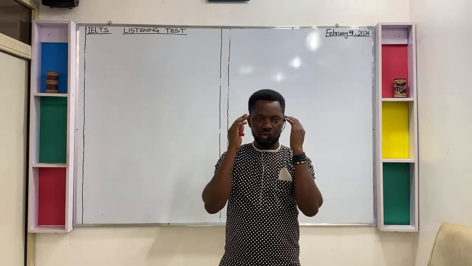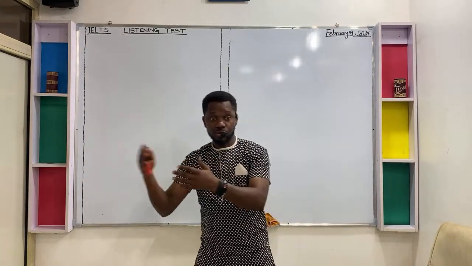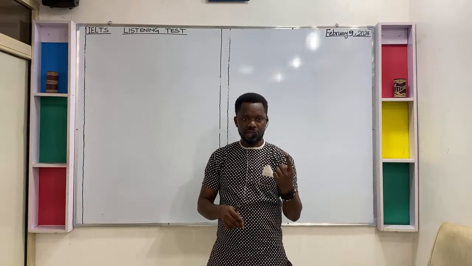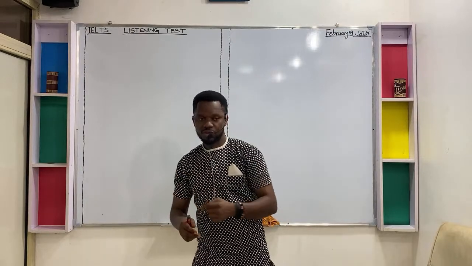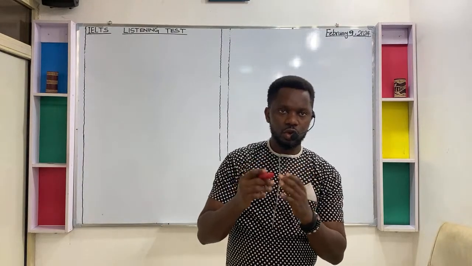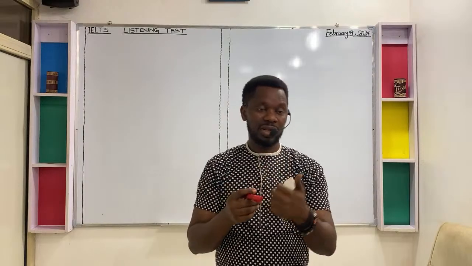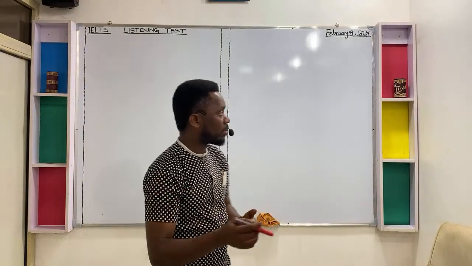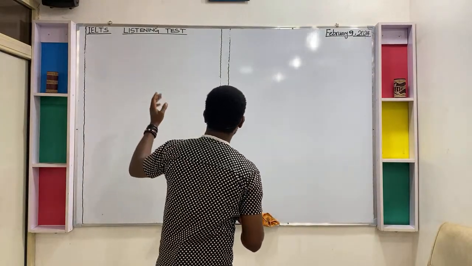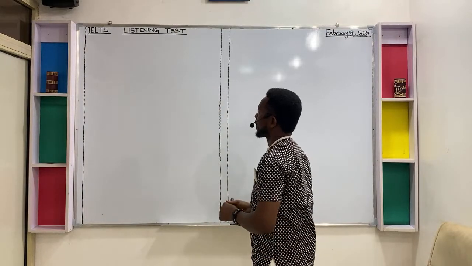So don't use an assumed exam experience to treat IELTS. Each section comes with its own instructions. For instance, a section might say no more than 2 words, no more than 1 word, no more than 3 words, and or a number. So please, it is important that you read the instruction before you begin any section.